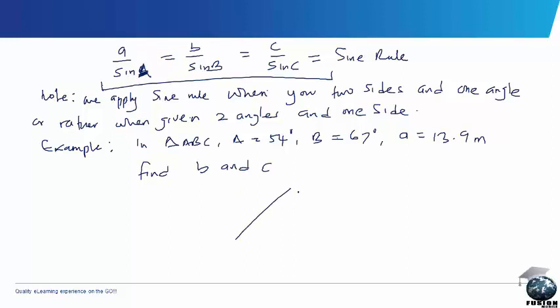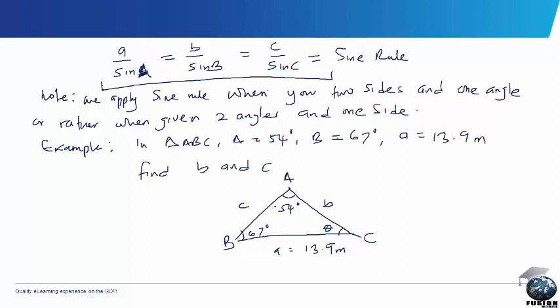Assuming this is our triangle, we have A, B and C, where angle A is 54 degrees, angle B is 67 degrees, and angle C is unknown. You're told that small letter a is equal to 13.9 meters, and you're to find small letter b and small letter c.